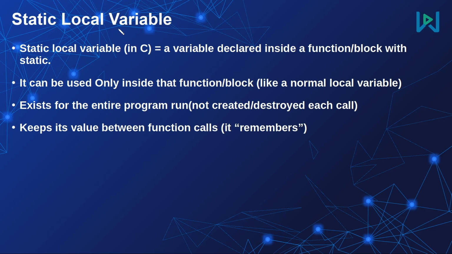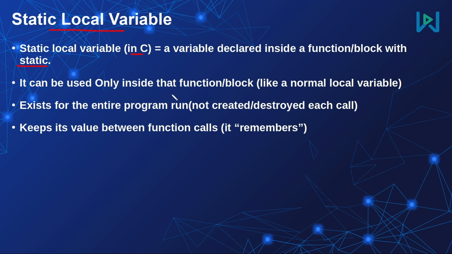On the other hand, a static local variable in C is just a C local variable that is declared inside a function or a block, and it is marked with the static keyword. The static local variable can be used only within the scope of the function or the block that declares it. So this is quite similar to standard C local variables.